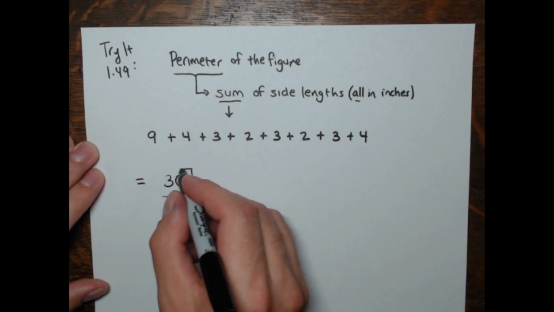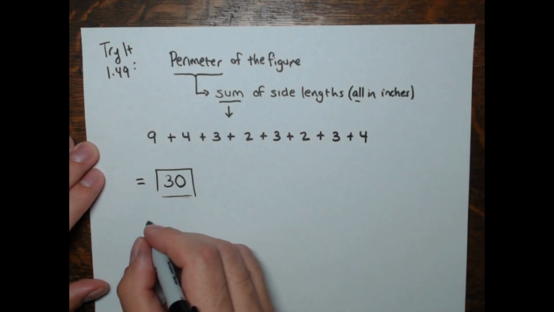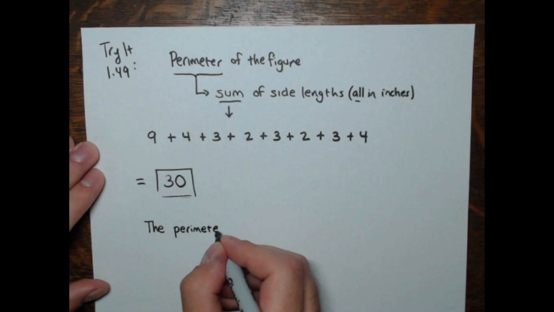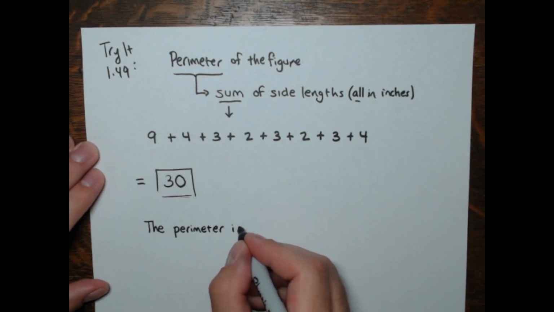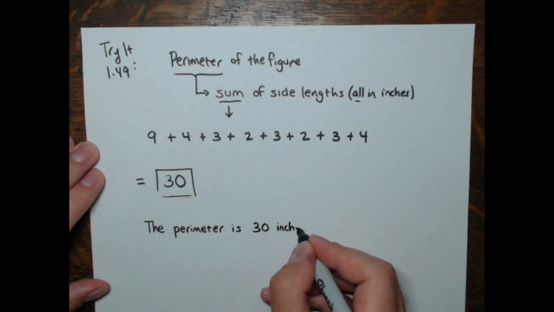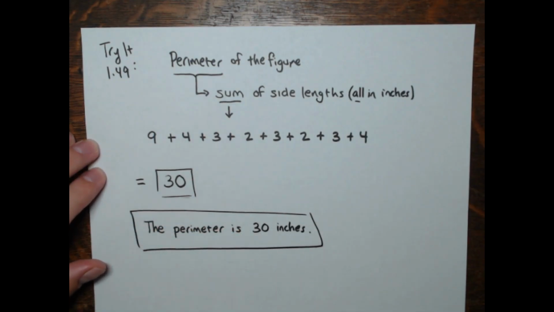So that's our sum of all the side lengths, and they were in inches. So our final answer, the sentence to answer the question, say what they want. The perimeter of this figure is 30 inches. And that's my final response.